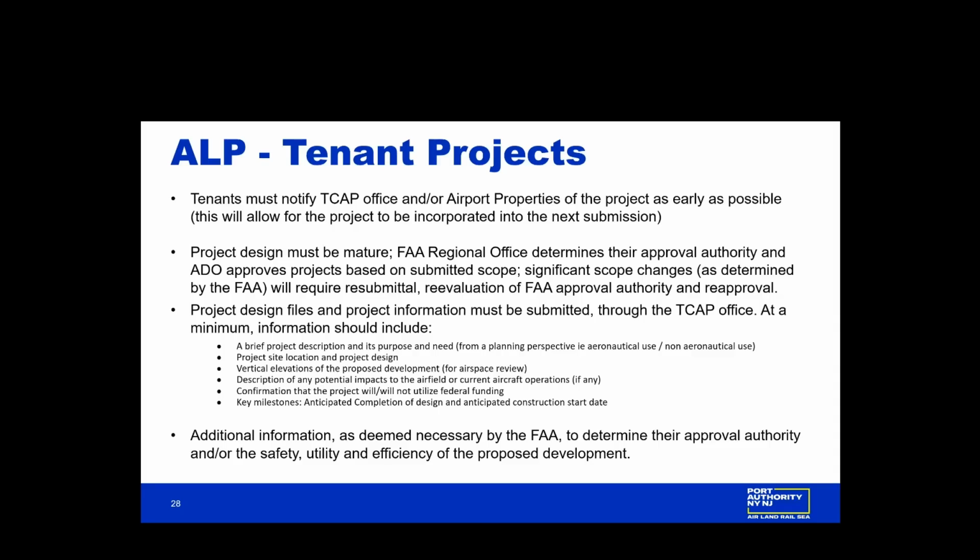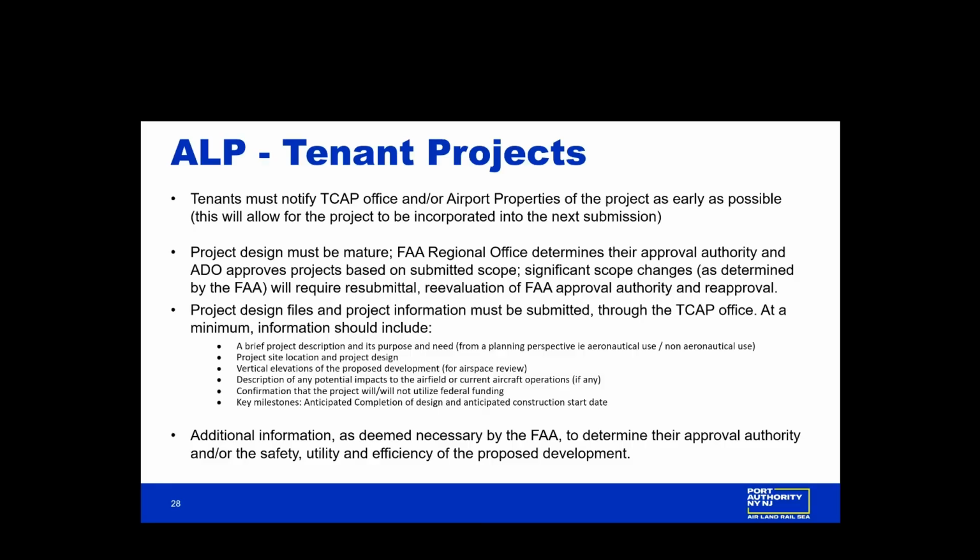The information we're looking for on your project is usually a brief project description to explain the purpose and need. Usually it's from a planning perspective: is it for aeronautical use or non-aeronautical use, and why is it required.